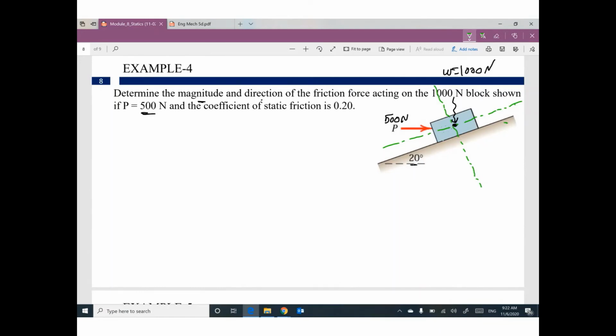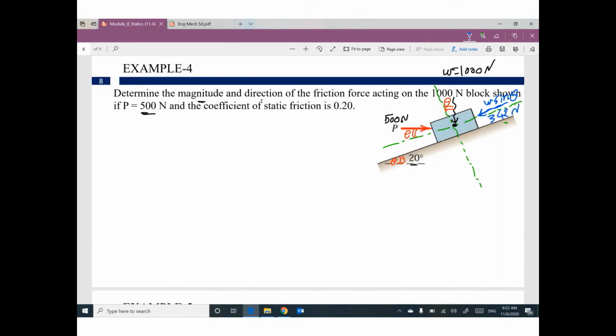Guys, this angle theta equals this angle theta by Z shape. So for the weight, we have the component here W sine theta. Theta is given 20, W is given 1000. This value will be 342 Newton.